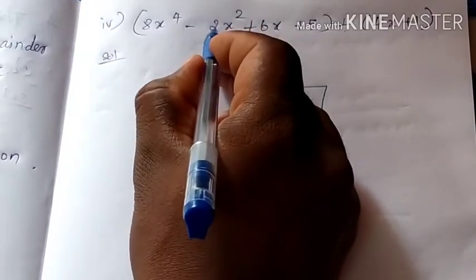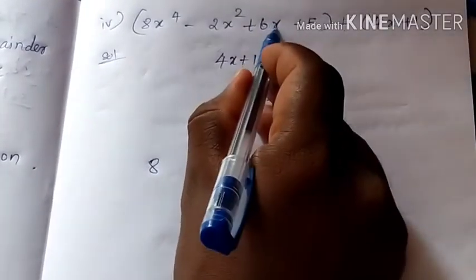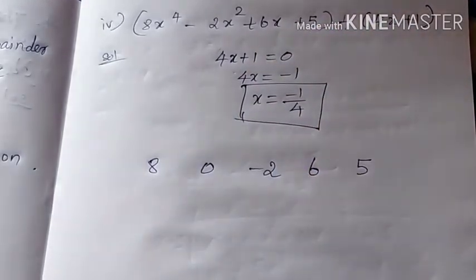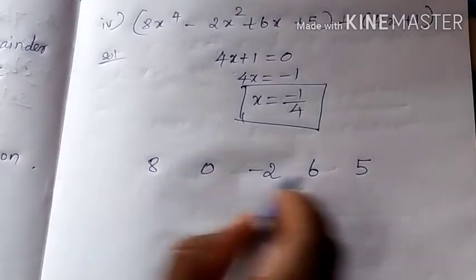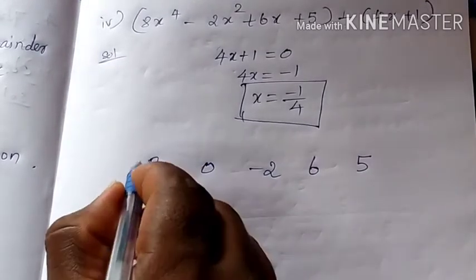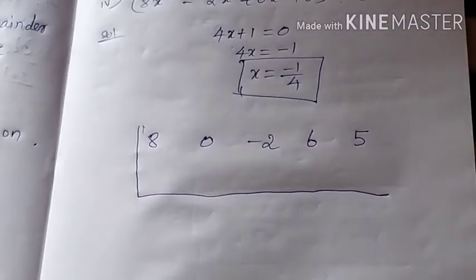Then the x power 2 coefficient is minus 2, so write it with the sign. The x coefficient is plus 6. The constant is 5. Have you understood? Write only the coefficients of the variable. The missing term also must be written. The L-shaped division is the synthetic division.